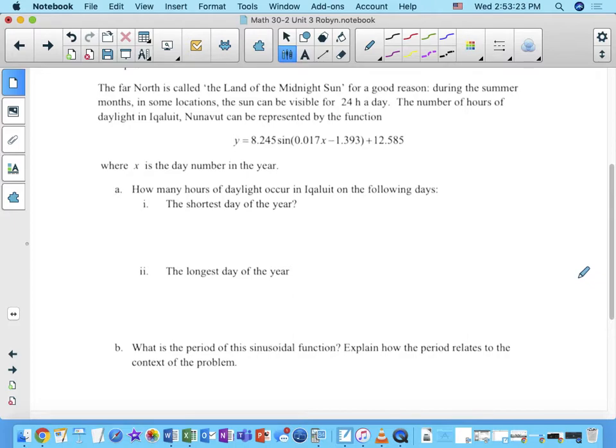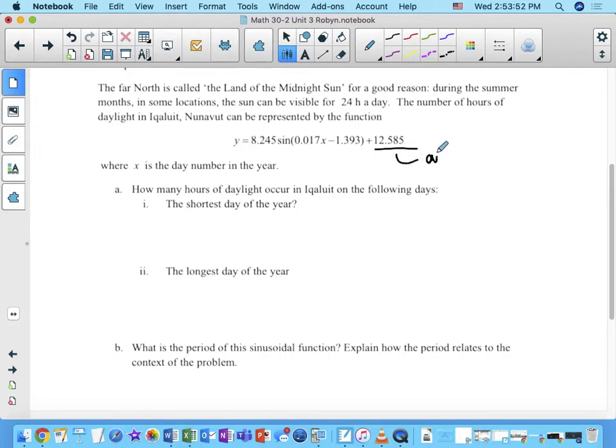Yes. Okay, so before we even graph this, we're going to graph this in a moment, but before we do, I want to do a little bit of analysis here. What is the median of this function, or the midline of this function? What does that tell us about the number of hours that the sun can be visible throughout the year? It's the average. Yes.